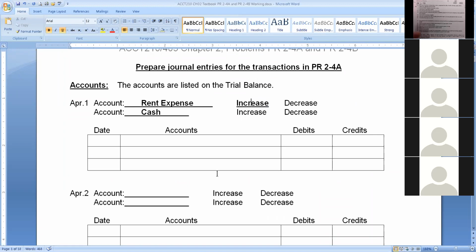So on this thing here, we have rent expense. It looks like they have rent expense for 30,000. I don't know how they got from 6,500 to 30,000, but it depends on when their year end is. Anyway, they're paying rent for the month, 6,500, and it's going up. Cash going up or down?